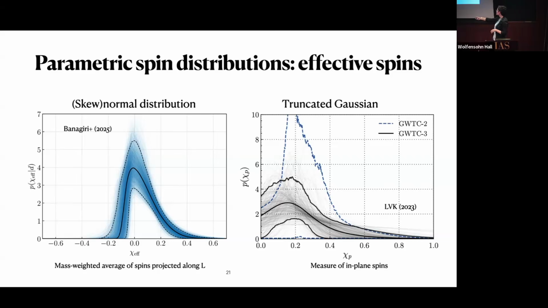Here you could fit a skew normal or a normal distribution to chi effective. This is from a paper by Sharon Benagiri. You could also fit a truncated Gaussian, in case it's not clear, I'm using normal distribution and Gaussian distribution completely interchangeably, to the chi p distribution, for example.